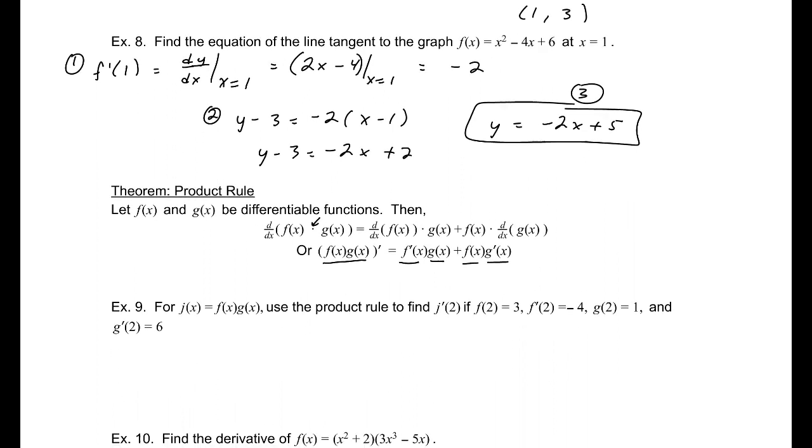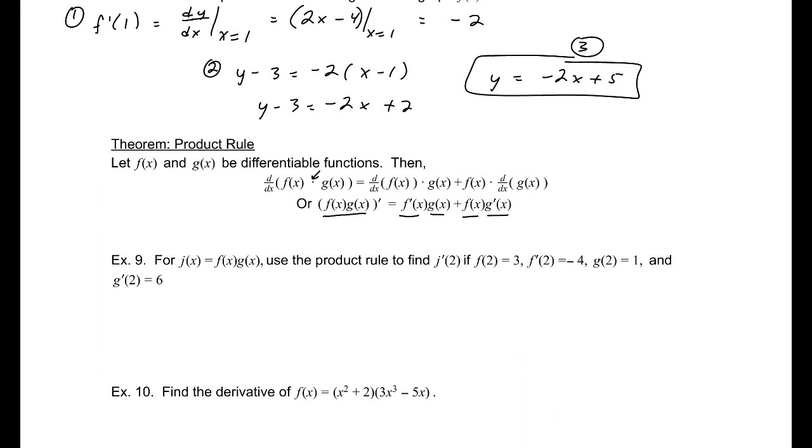So let's go ahead and evaluate that with this first one. For j of x equals f of x times g of x, use the product rule to find j prime of 2. Okay. Well, by this definition, since j is f times g, let's go ahead and add that here.